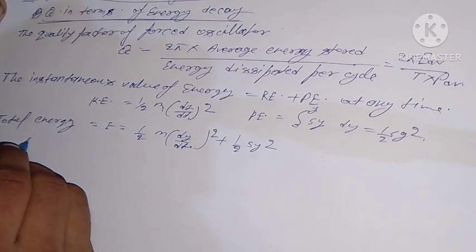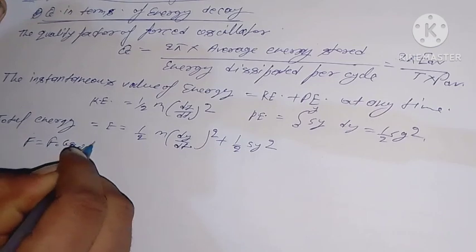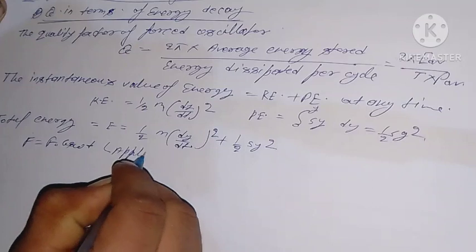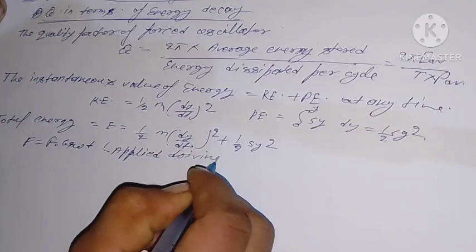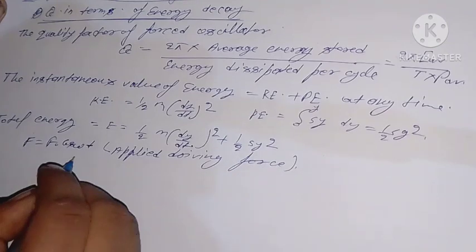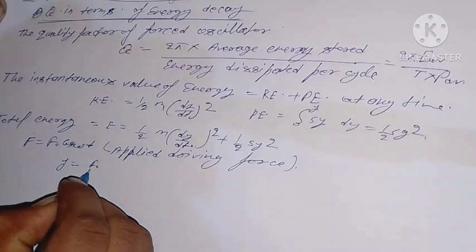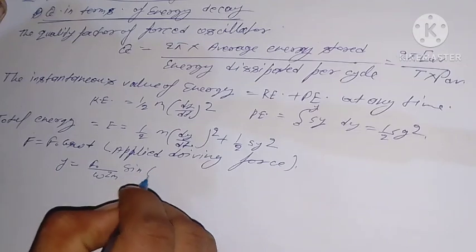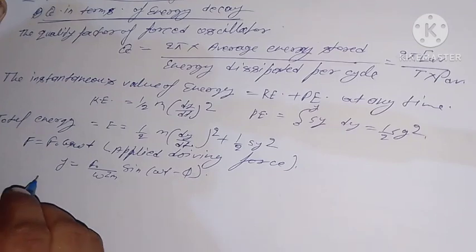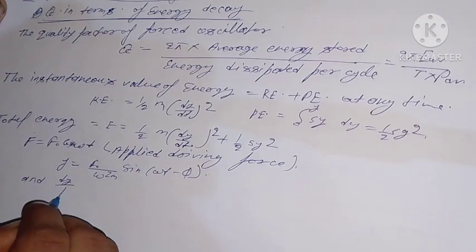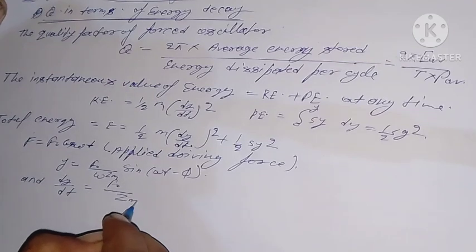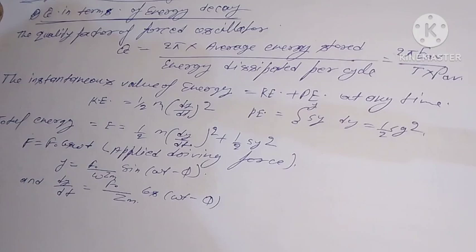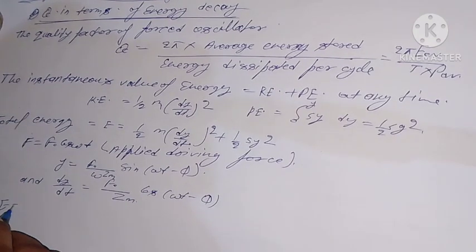If the applied driving force is represented by F equal to F naught cos omega t, then y equals F naught upon omega Zm sin (omega t minus phi), and dy upon dt equals F naught upon Zm cos (omega t minus phi).